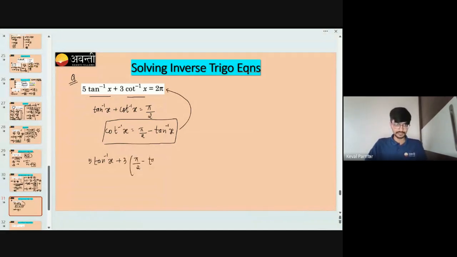If I open this, I will get 5 tan inverse of x minus 3 tan inverse of x, which is 2 tan inverse of x plus 3 pi by 2. And what was on the right side? Equals to 2 pi.